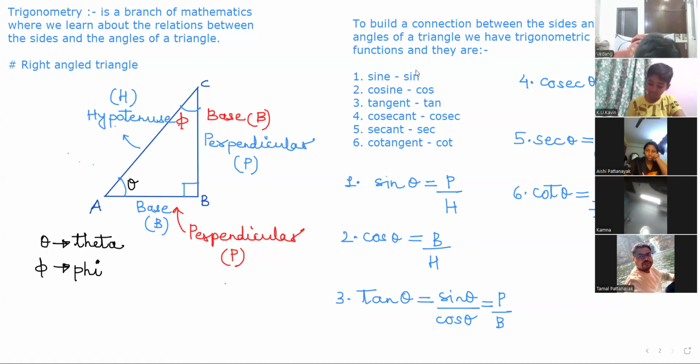Aishi, you understood? Yes, I have done making the notes. Okay. Kamna, if this is you, can you please tell me the standard which you are in, if you are the student?